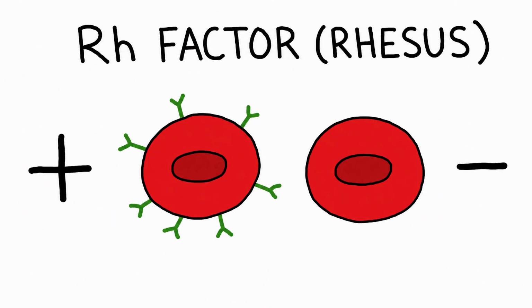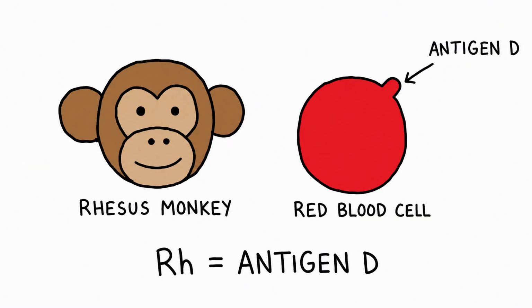But wait, there's more. There's this thing known as Rh compatibility, also known as the rhesus factor. The rhesus factor, or Rh, is also known as antigen D, D as in dog. This is where the positives and negatives come in, okay? The Rh group was named for the rhesus monkey in which it was first studied.